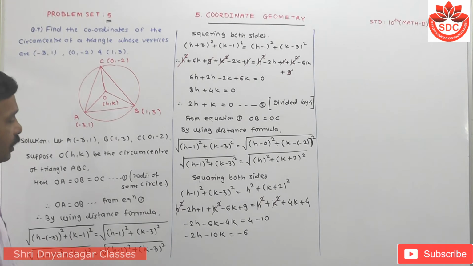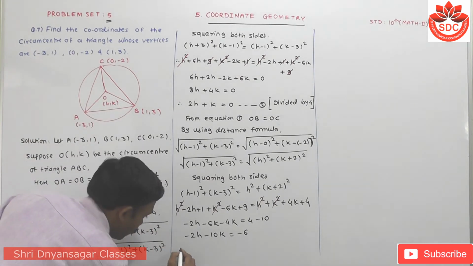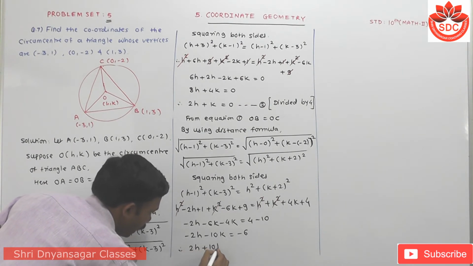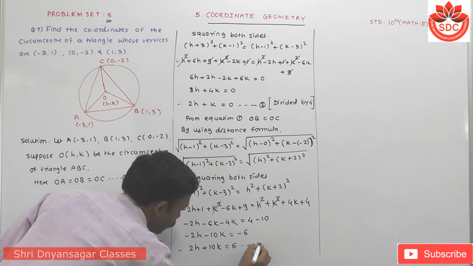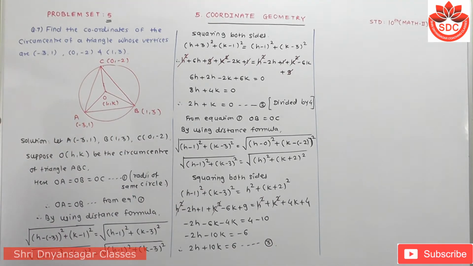Then student, only changing the sign we get twice h plus 10k is equal to 6, equation number 3. Then subtract equation second and third.